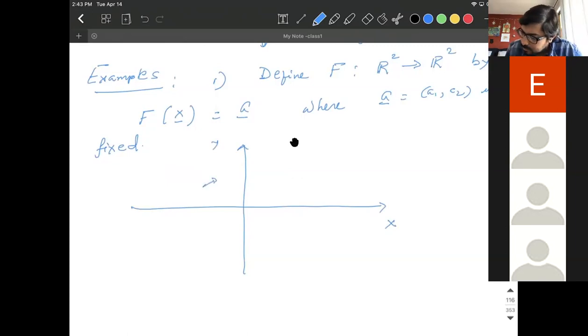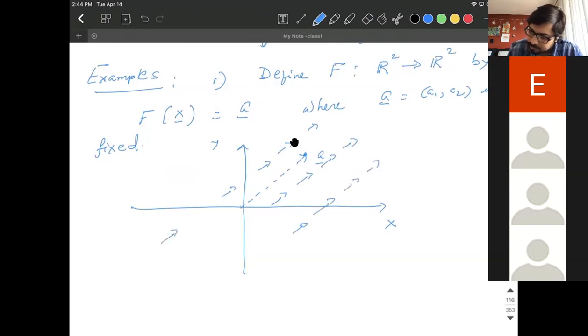Now, let's say this is my vector A. Then this vector field assigns this direction to the plane R^2, in the direction of A. So every vector is given this direction A. Okay, so this is the picture of this vector field.